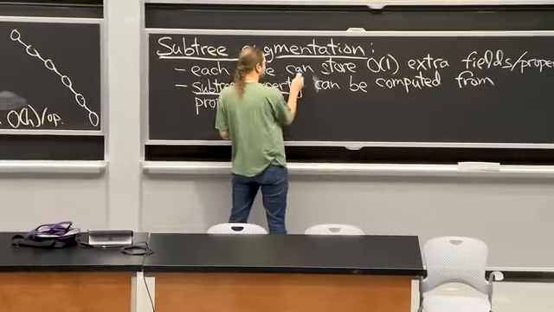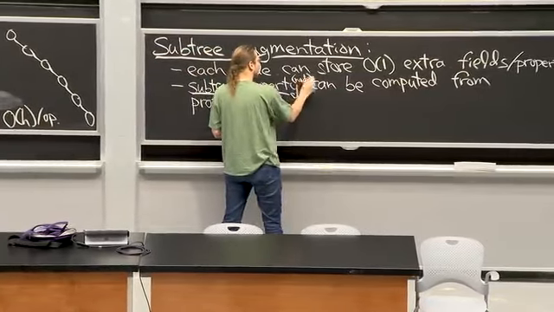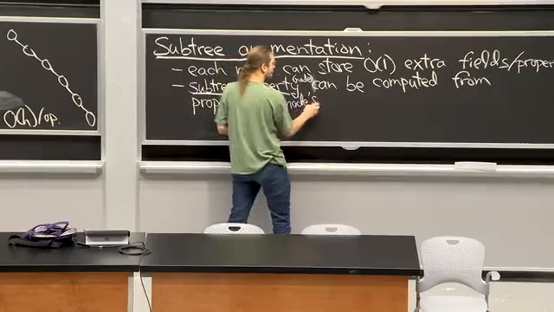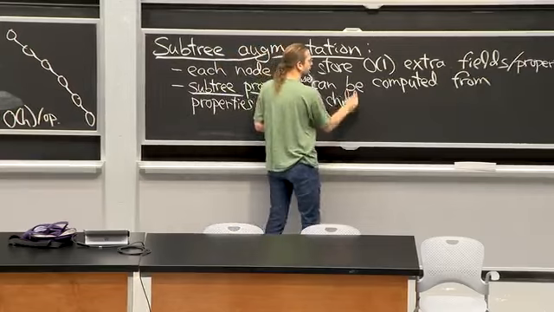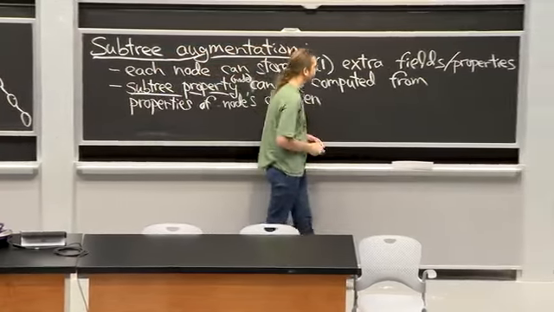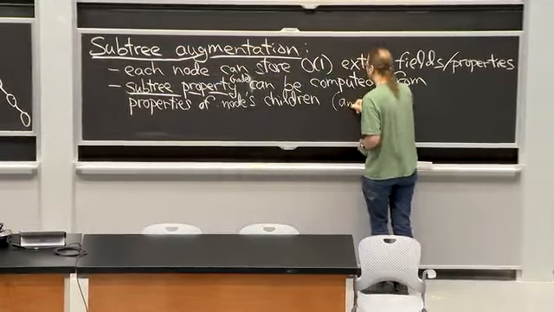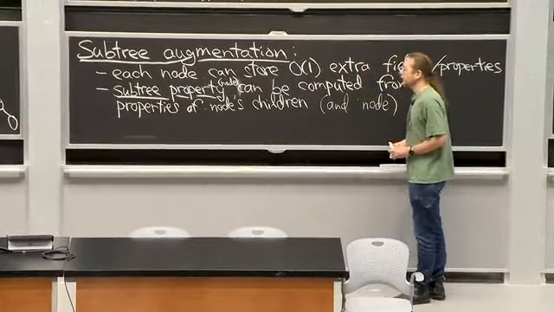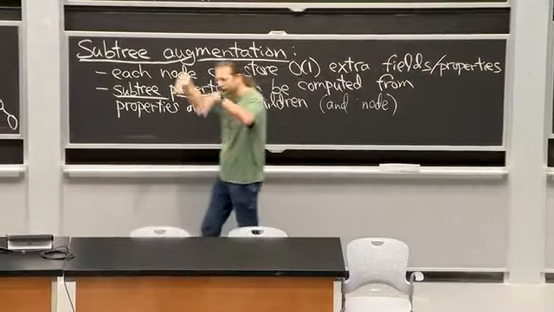So I should say this is of a node. Children are node.left and node.right. You can also access a constant amount of other stuff, for example, the node itself. But the point of a subtree property is it's downward looking.